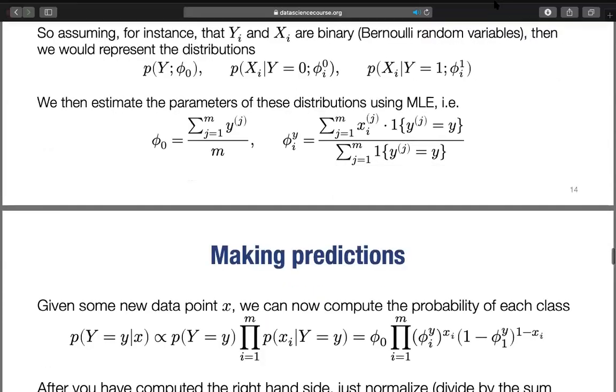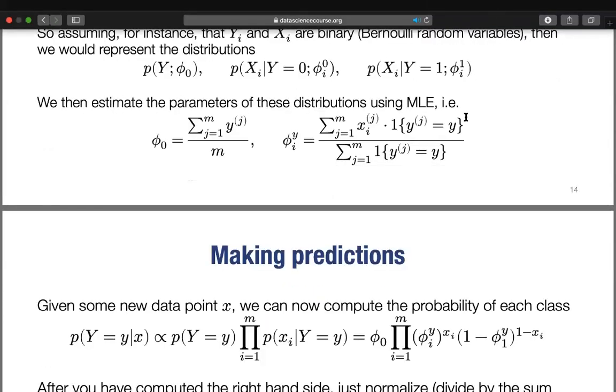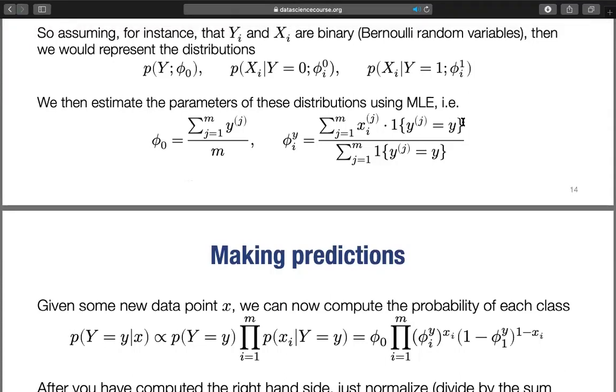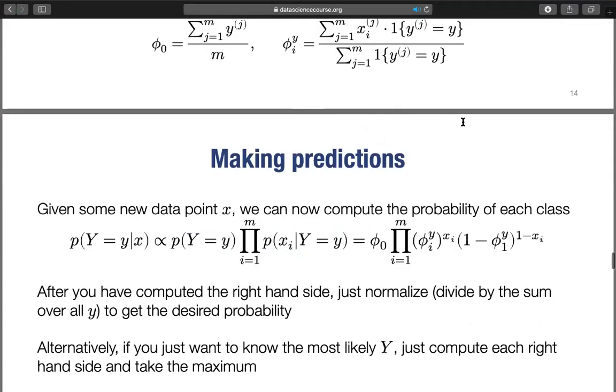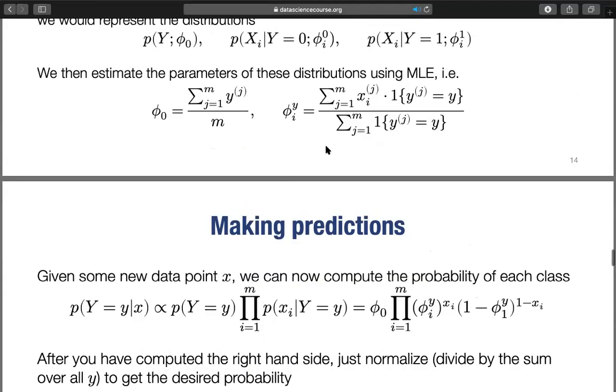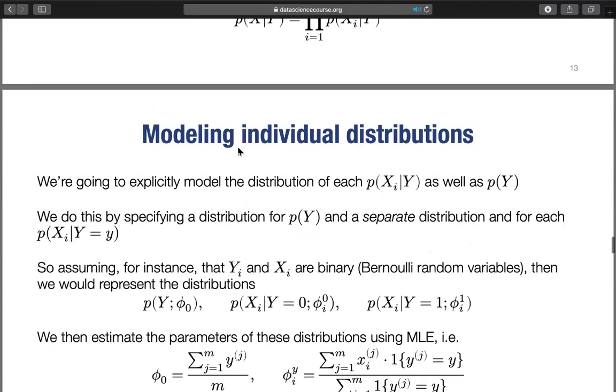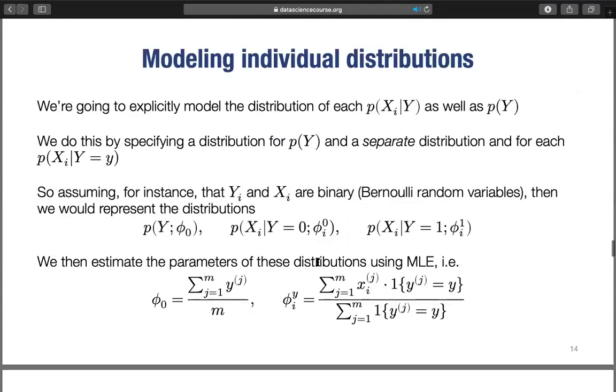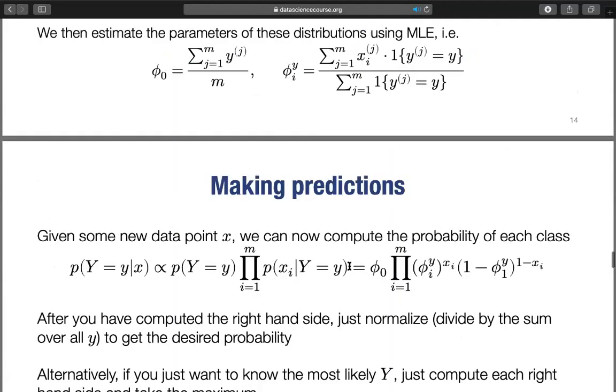Okay, so I need to move fast so that I can go to the application. So what we want is to find this particular probability that we have defined here, which is similar to what we have here for the maximum likelihood estimation, right? So it's basically the same thing.